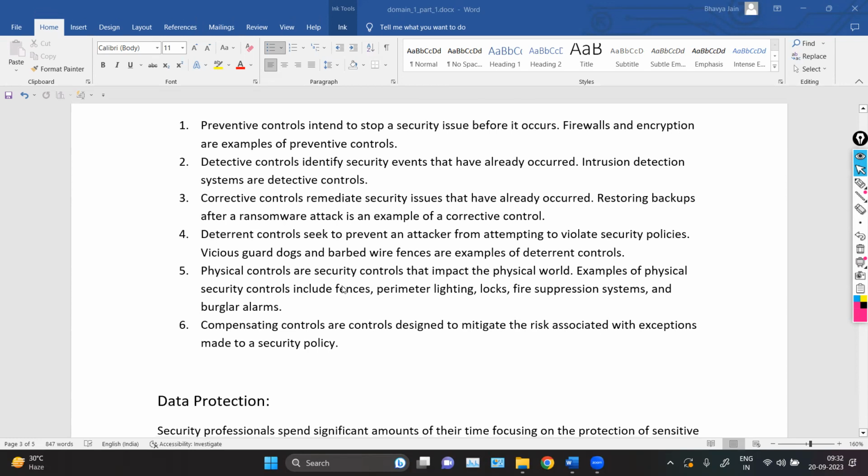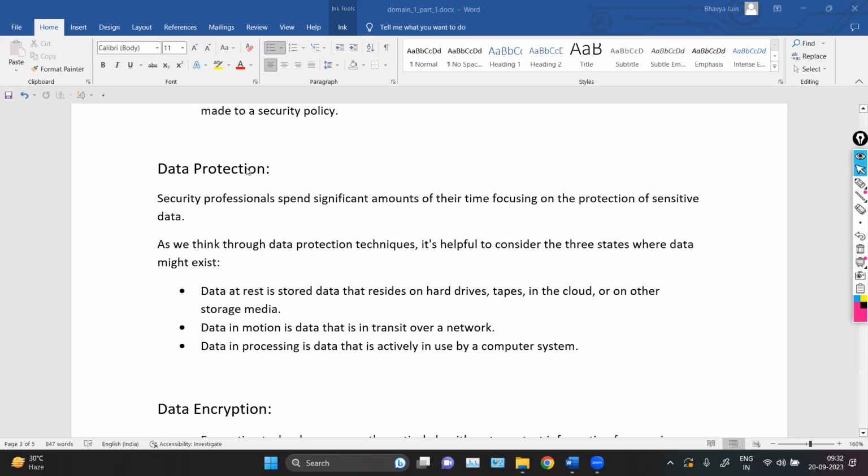Then physical controls are taking physical initiatives to control your premises using physical devices. And compensating controls are like having a backup or mitigating the risk of any attack which causes the violation of any security policy, for example taking insurance for any security standard.